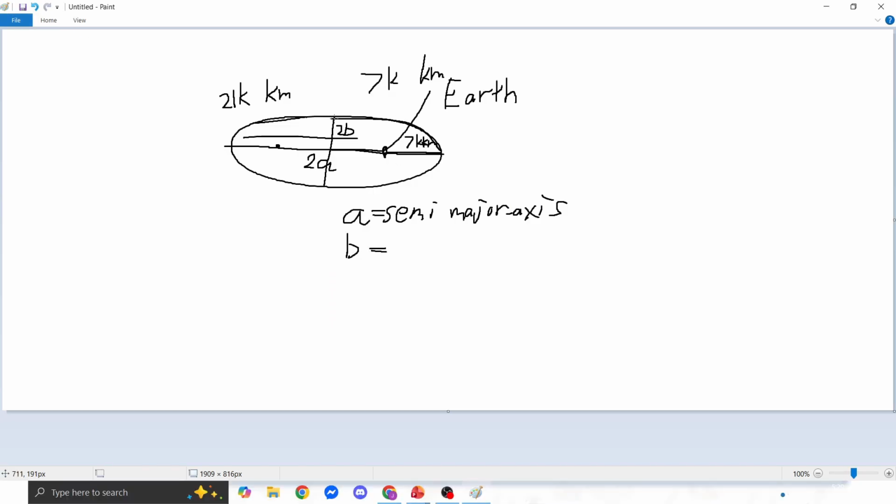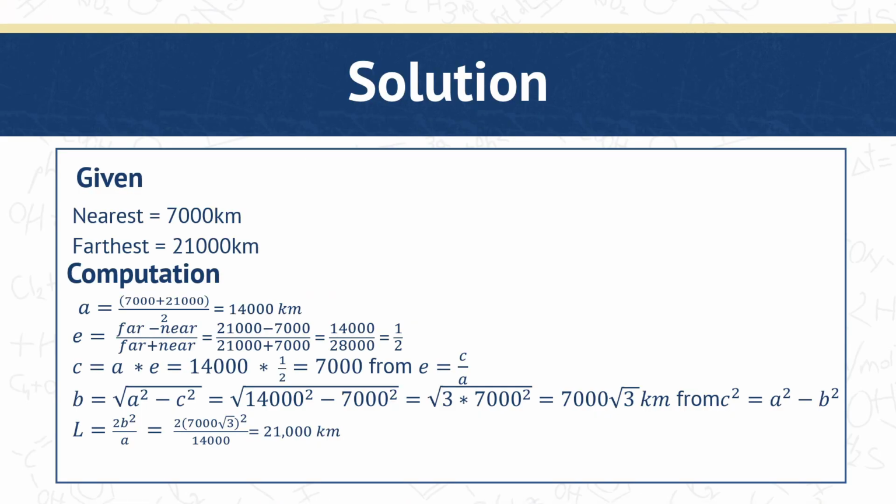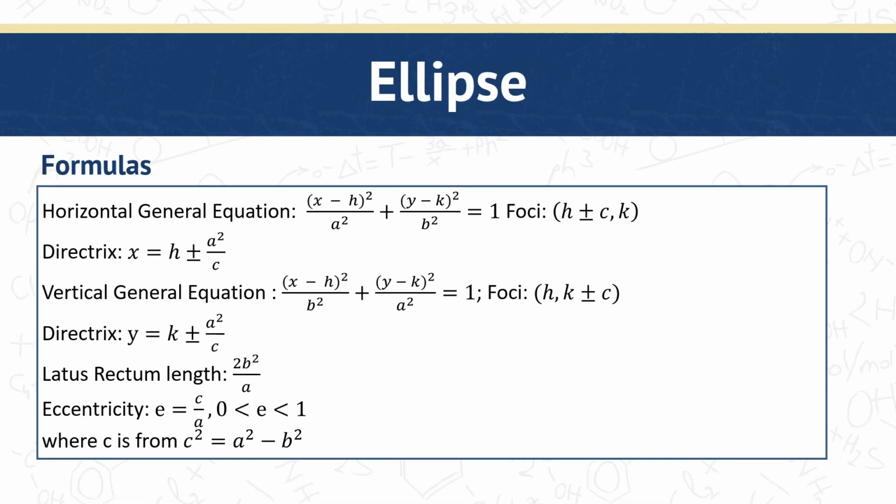I just need the length from here to here and how much is the entire thing. That would give me 1/2, which still follows one of our rules of eccentricity, that it should be between 0 and 1.